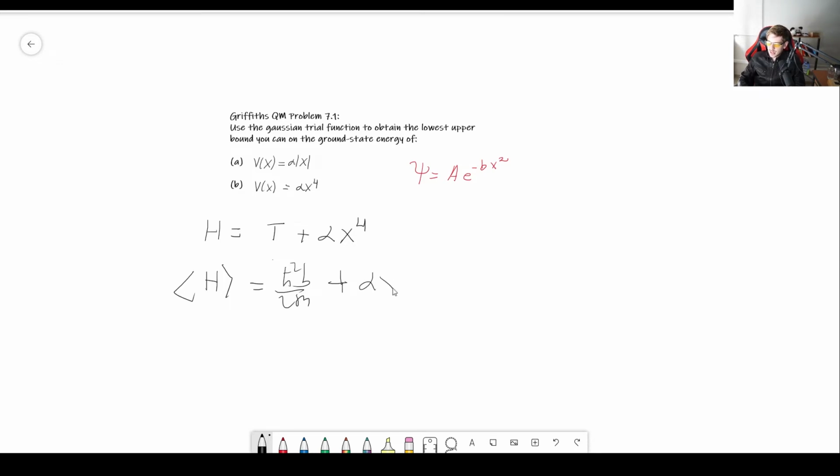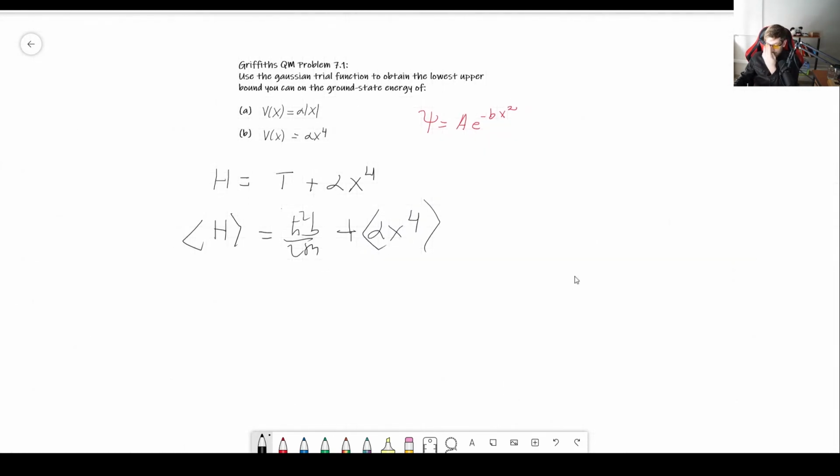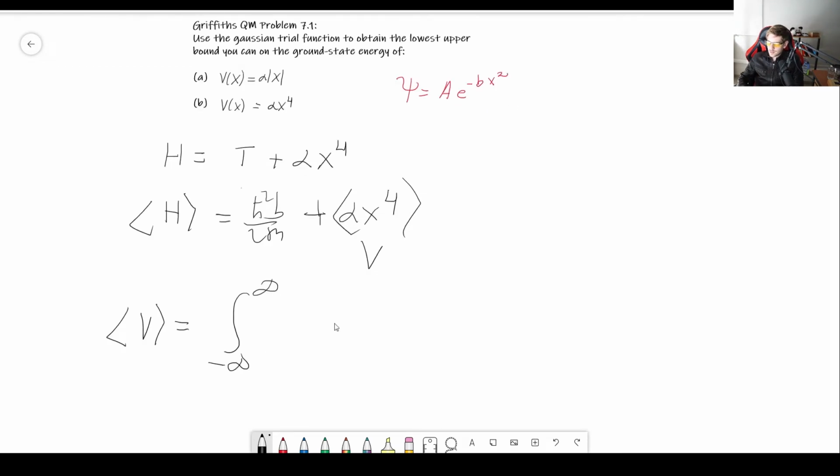And then we have alpha x to the 4th power, the expectation value of this with our wave function. So let's calculate that, right? This is the potential. So the expectation value of the potential will be the integral from -infinity to infinity of our wave function squared, and then alpha x to the 4th power.